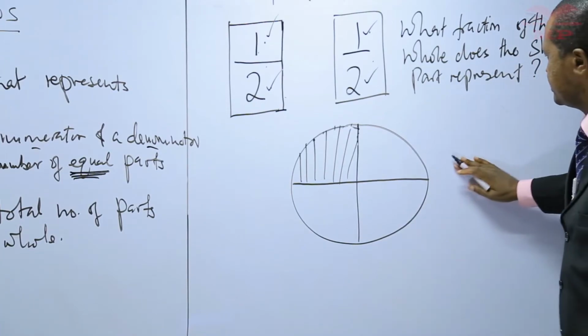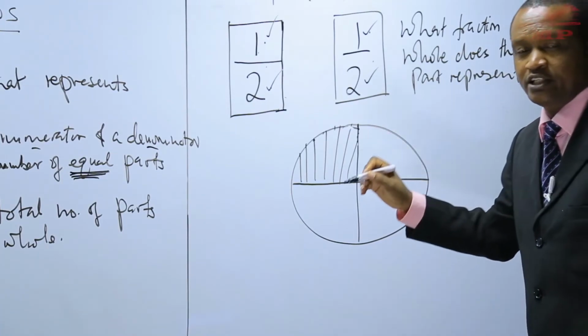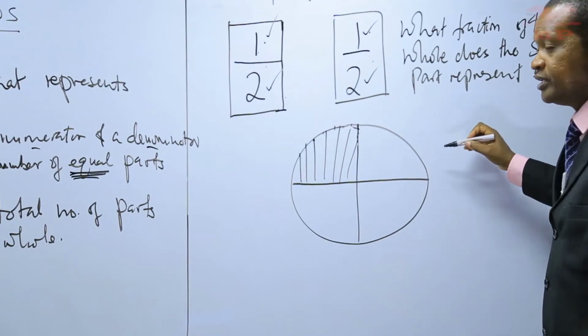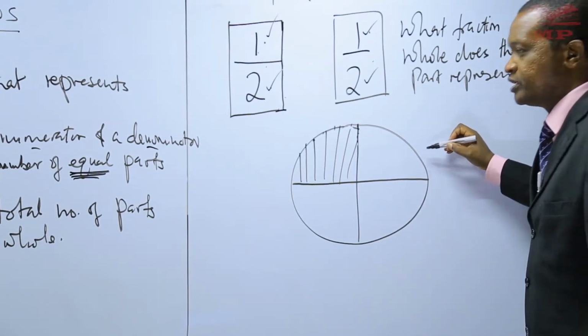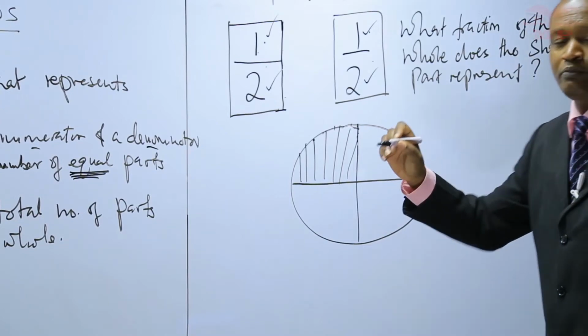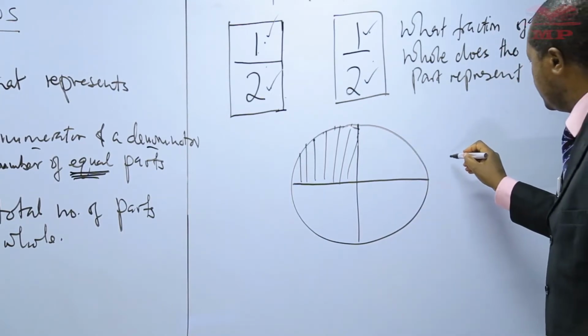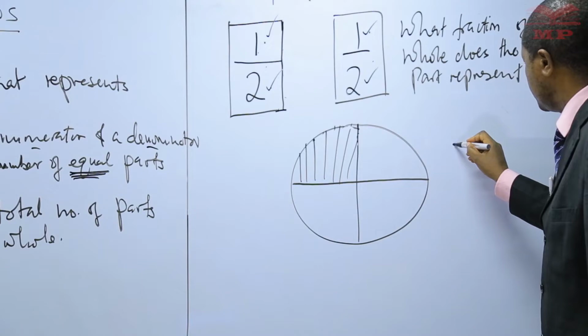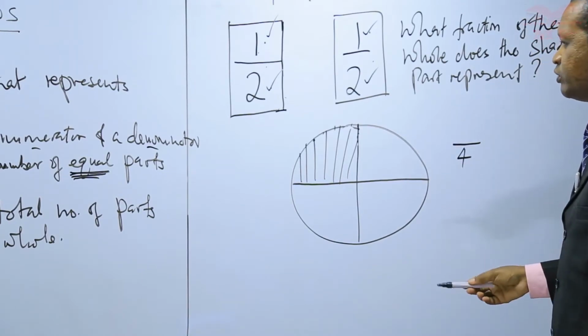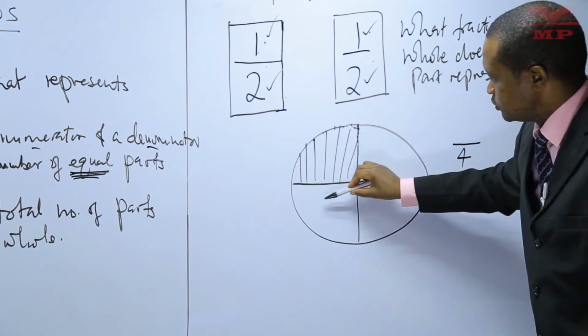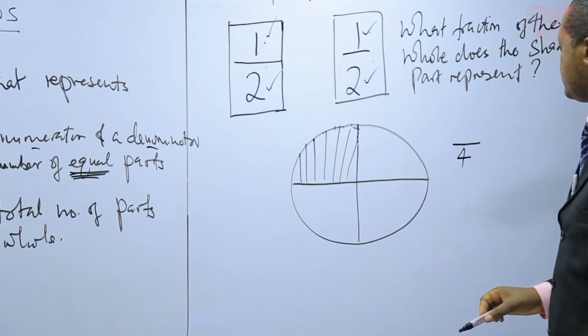Now you can see a fraction, we have said, has a denominator and a numerator. The denominator represents the total number of parts. So in answering this question, the denominator is 4, the total number of parts, 1, 2, 3, 4.